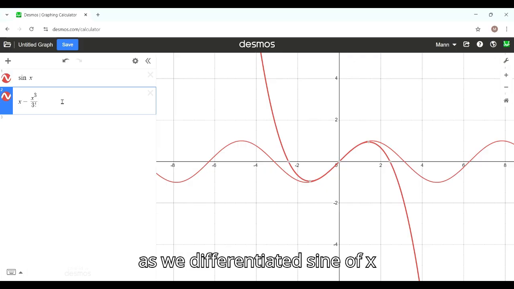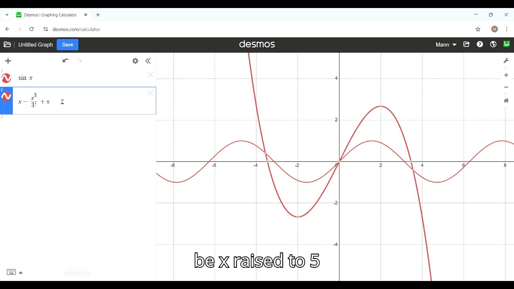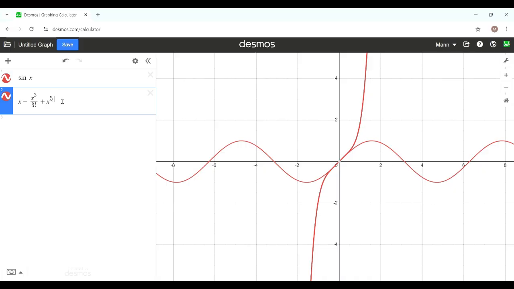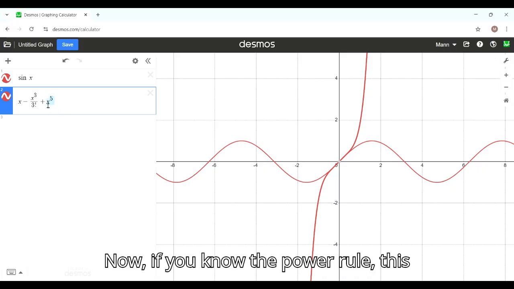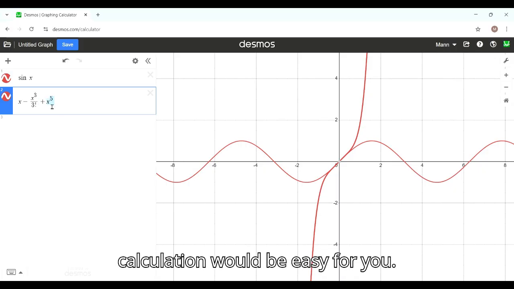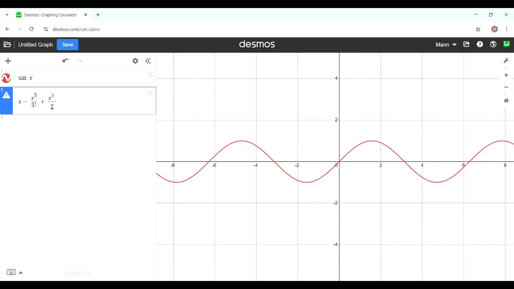Now, as we differentiated sin of x 5 times, we will find the fifth integral of 1, which turns out to be x raised to 5 upon 5 factorial. Now, if you know the power rule, this calculation would be easy for you.